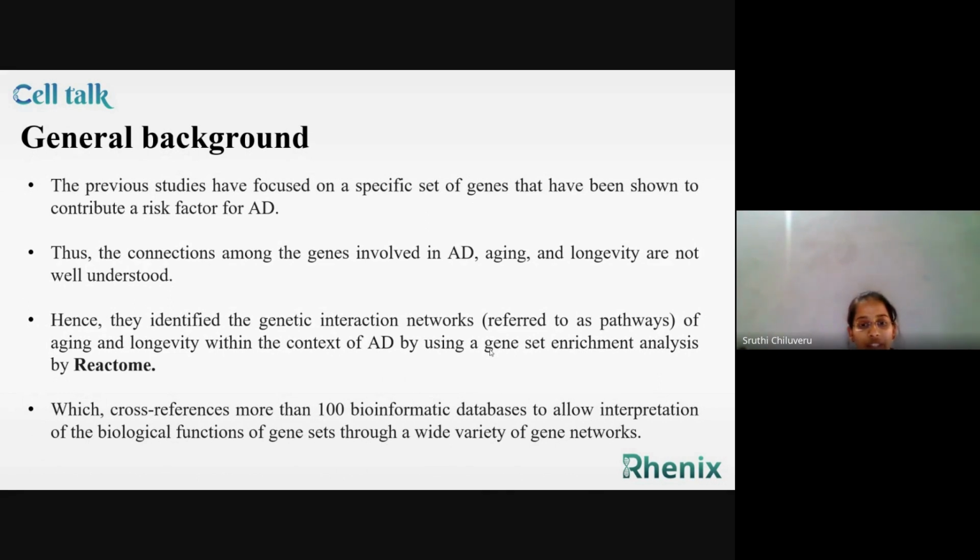Hence, they identified the genetic interaction networks, referred to as the pathways of aging and longevity, within the context of AD genes by using a gene set enrichment analysis tool known as Reactome, which is a bioinformatics database tool that cross-references more than 100 bioinformatic databases and allows the interpretation of the biological functions of gene sets through a wide variety of gene networks.